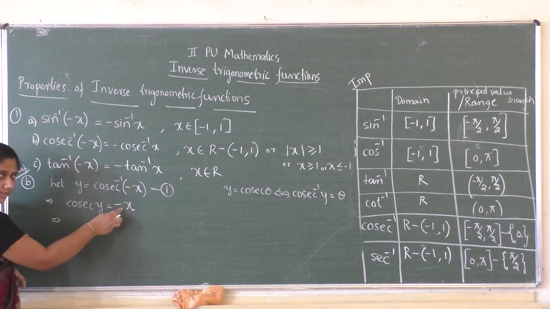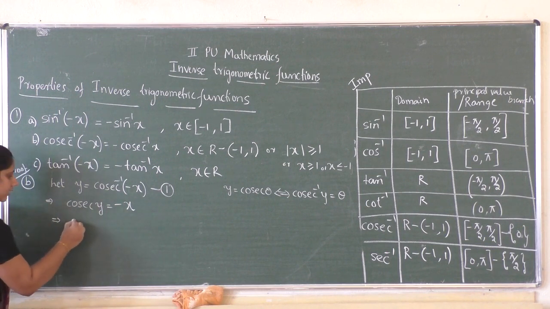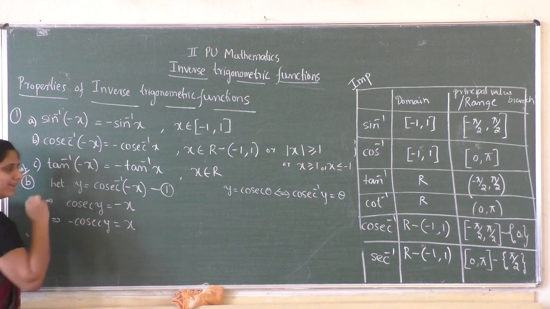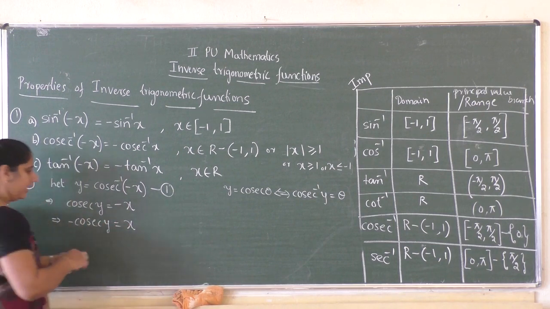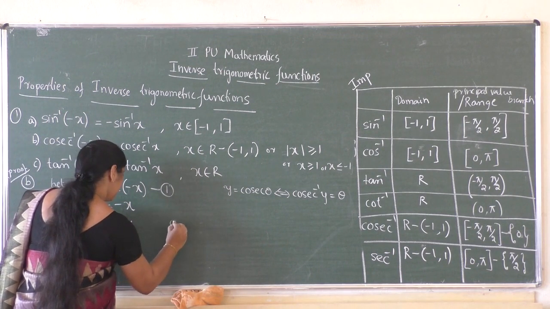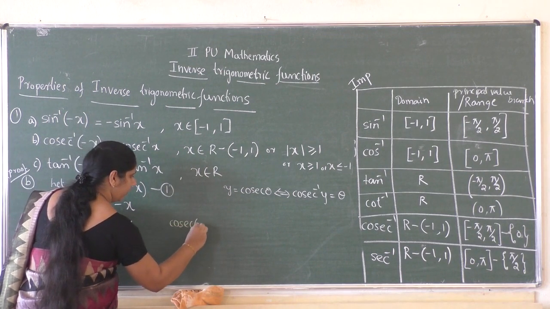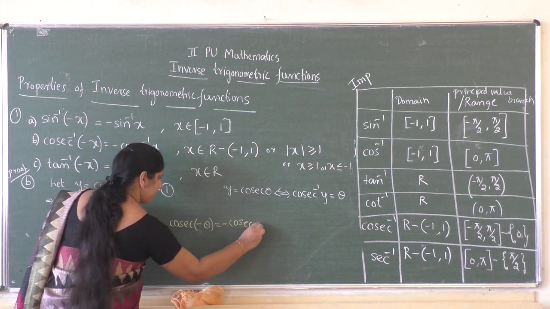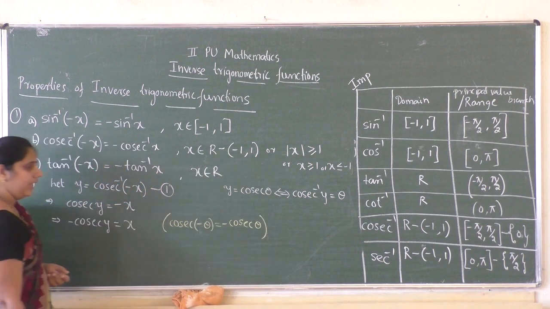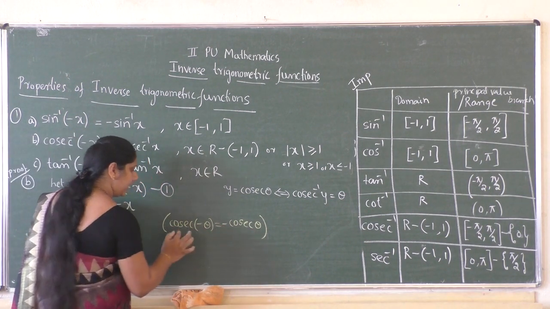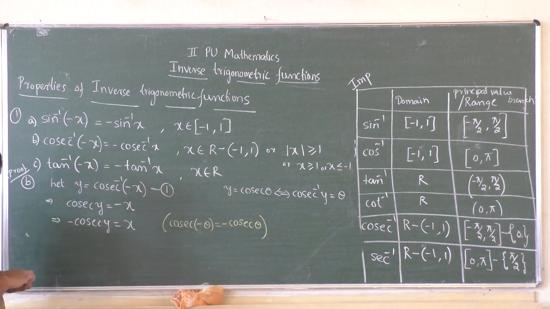Again we have to take this minus to left side, that is minus cosec y equal to x. Again in first year trigonometry we had the property, that is cosec of minus theta is minus cosec theta. So in the place of minus cosec theta we can write cosec of minus theta.